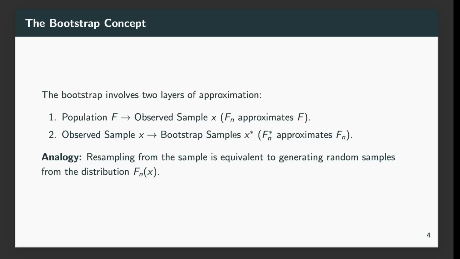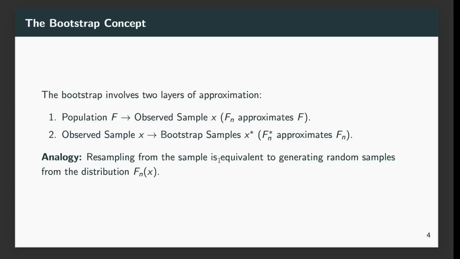So resampling from the sample is equivalent to generating random samples from the distribution Fn of X. This is the mathematical justification for what might seem like a strange trick. We are not just doing resampling, we are genuinely simulating from the estimated population distribution.